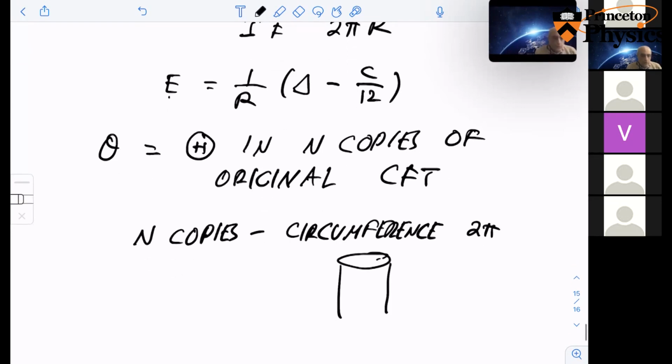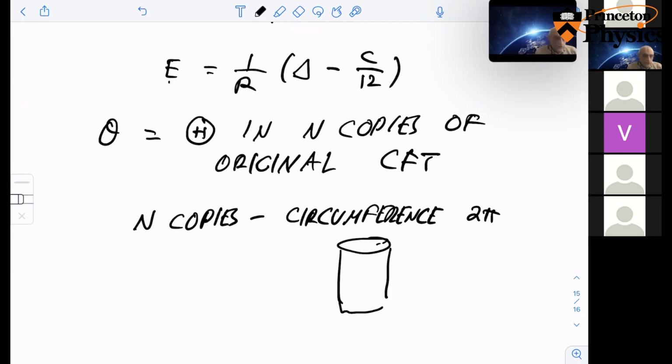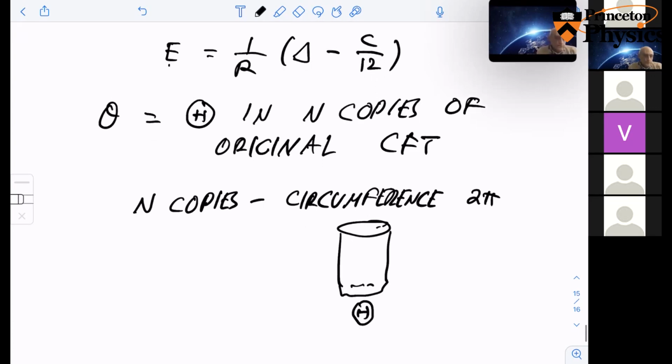I'm just drawing a single cylinder; I'm not going to try to draw n copies of it. But at time minus infinity, we have this operator theta, which permutes the n copies. The n copies are cyclically permuted.